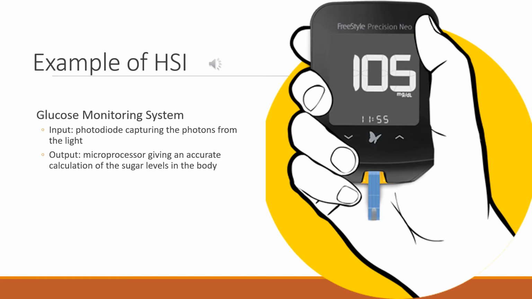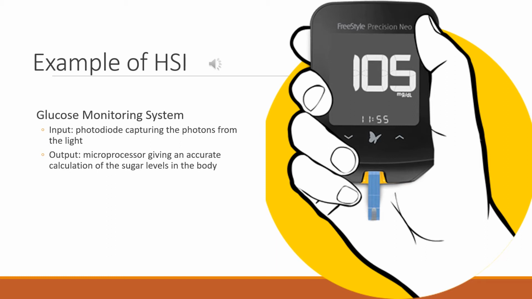An excellent example of an HSI is Group 2's project, a glucose monitoring system. The top-level design of the glucose monitoring system consists of a glucose sensor made of a photodiode, an infrared light emitting diode, an instrumentation amplifier, and a microprocessor to calculate the levels of glucose in the blood.